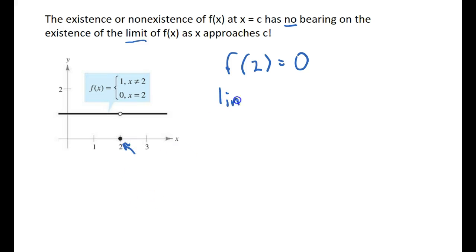But what is the limit as x approaches 2 of f of x? Well, as we travel along our curve, as x gets closer and closer to 2, f of x is at 1. So even though f of 2 is 0, the limit as x approaches 2 is 1.